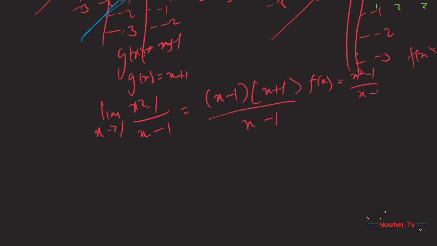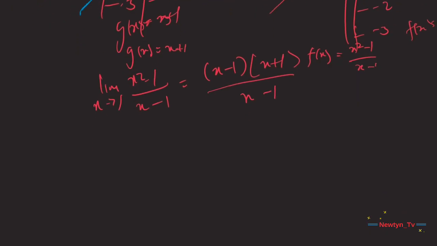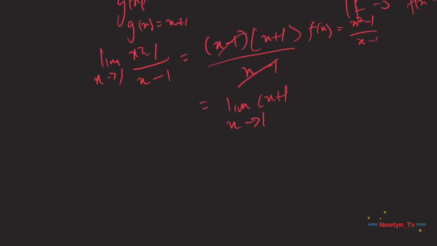Okay, then when we do that, this cancels this, then we have the limit of x plus 1 as x approaches 1. Then when you substitute x into the function, you should get 2.